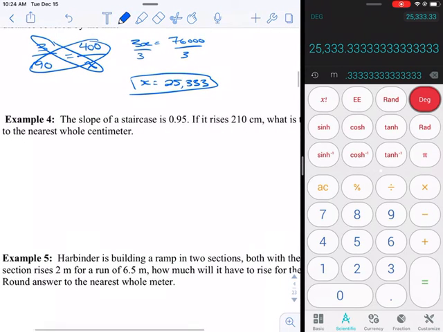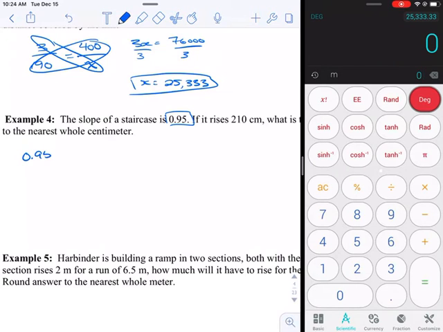The slope of a staircase is 0.95. So this is just a decimal. Well, any decimal you can write over 1 to get the fraction. So our original slope is 0.95 over 1. If it rises 210, what's the run? So we are going to set this equal to a new fraction, and we know the rise, but we don't know the run.